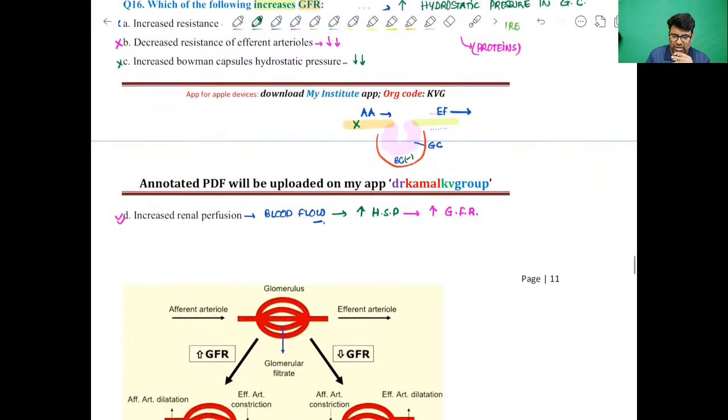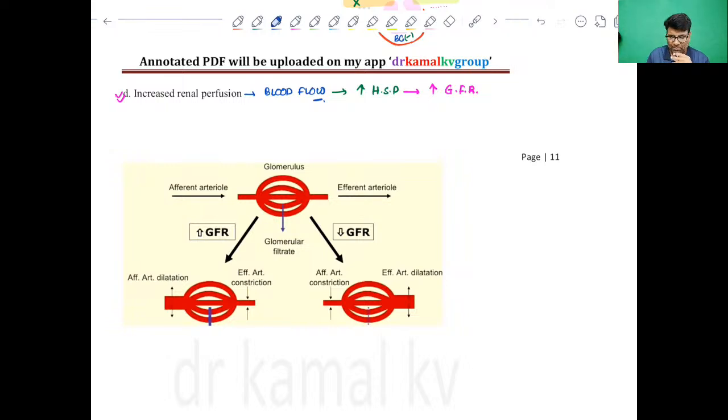And if I talk in terms of afferent and efferent, regarding the afferent arteriole, GFR will increase when there is afferent arteriolar dilatation. It means more blood will flow to the glomerular capillaries. Similarly, in relation to the efferent arteriole, if there is dilatation, this will lead to more blood outflow and less blood in the glomerular capillaries.